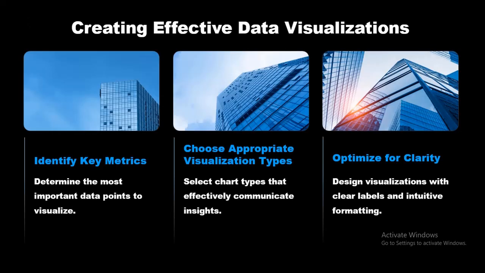So moving on to the next, let's talk about how you can create effective data visualizations. That is, visualizations that actually do the work that they were made for. So the first thing is you have to determine the most important data points to visualize. That is, for example, in the case of the Titanic, where you have lots of things that contribute to whether or not people were likely to die.